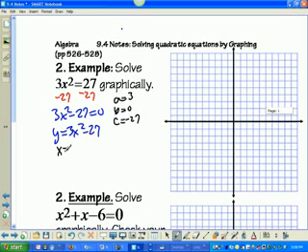First let's find the x coordinate of my vertex. Negative b over 2a, well, geez, does it matter, because b is 0 over 2 times 3, so x is 0. So my vertex has the coordinate (0, -27).